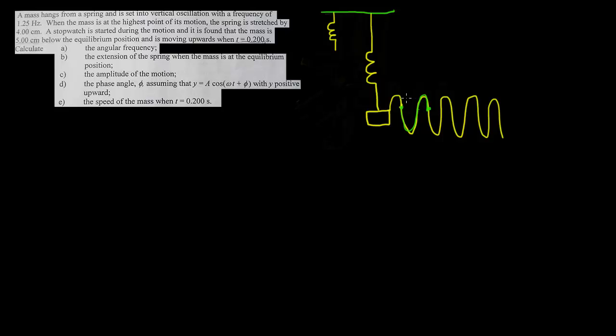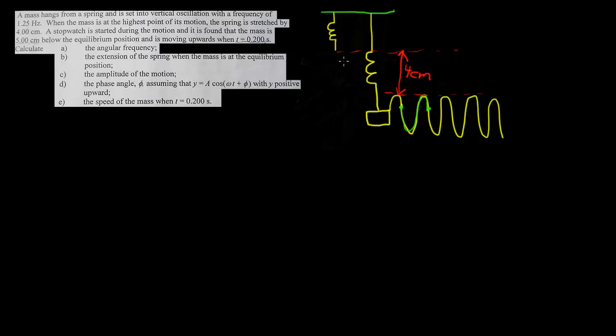When the mass is at the highest point of the oscillation, the spring is stretched by 4 centimeters. What they're saying is that this is the highest point of the oscillation, and this distance from here to here is 4 centimeters.